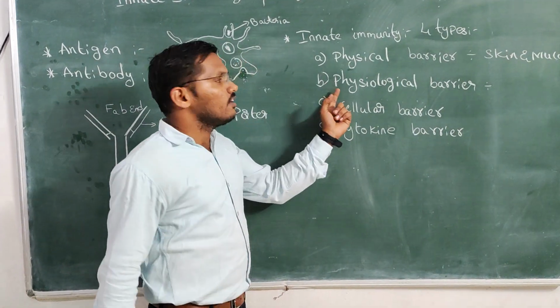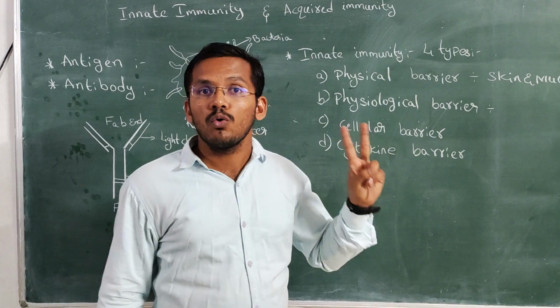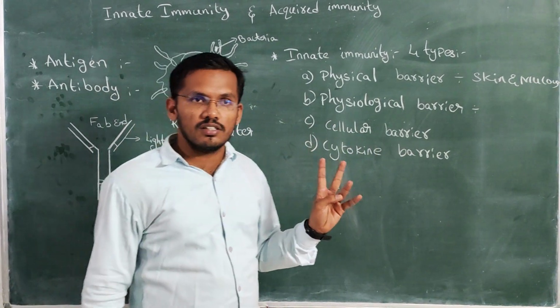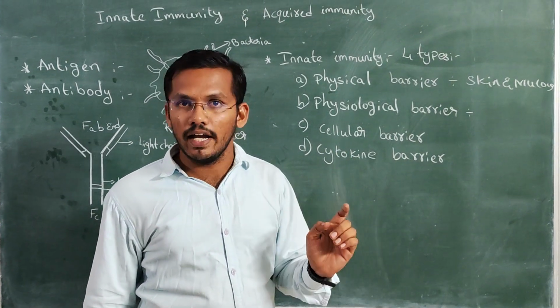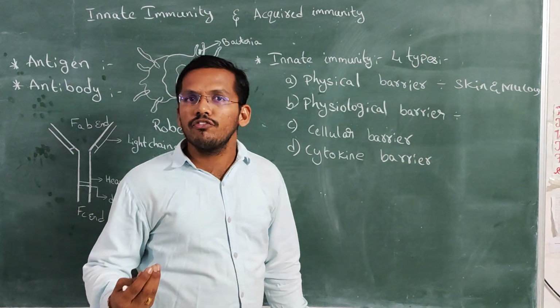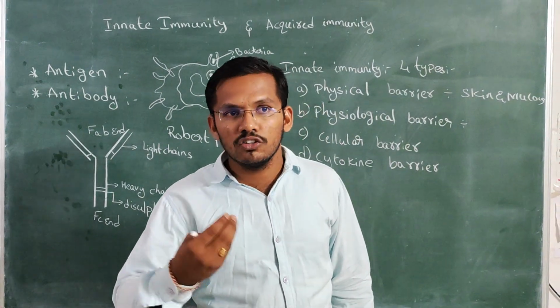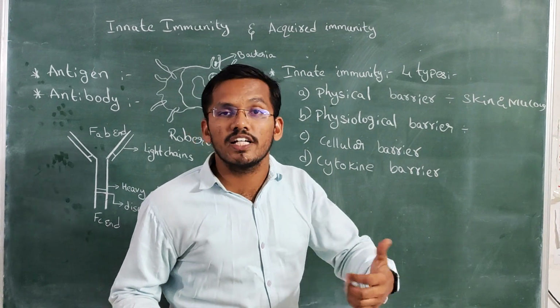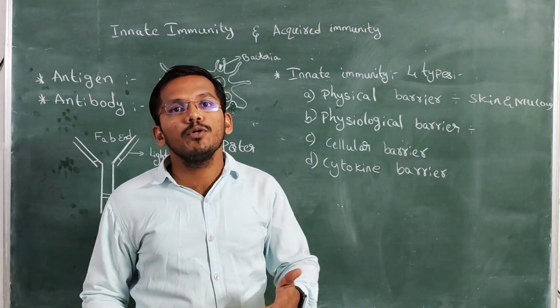Next, coming to the physiological barrier. This acts as the second line of defense, where digestive juices, sweat, saliva, and tears secreted from the eyes act as physiological barriers. Whatever food we take contains microorganisms. When we eat, the HCl present in our stomach kills those microorganisms and purifies the food.